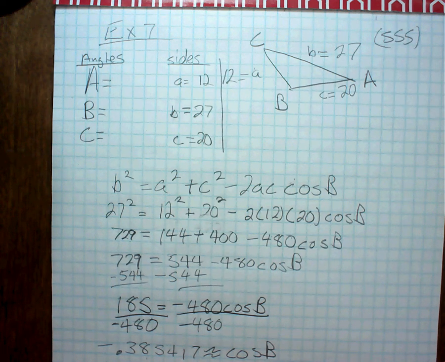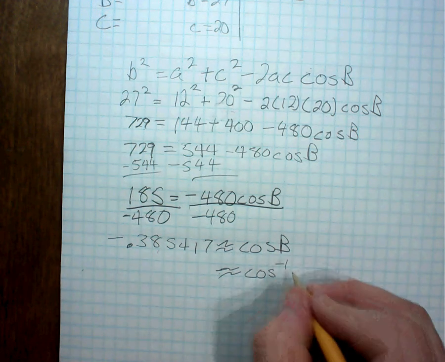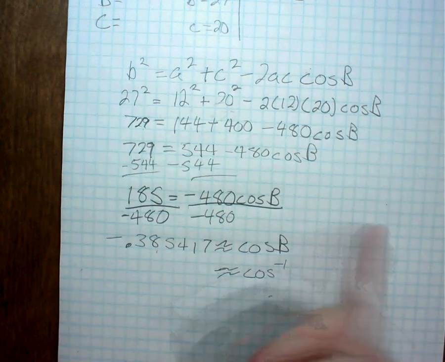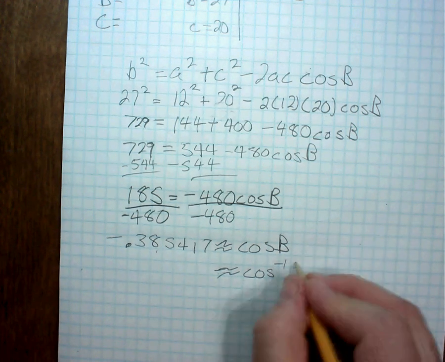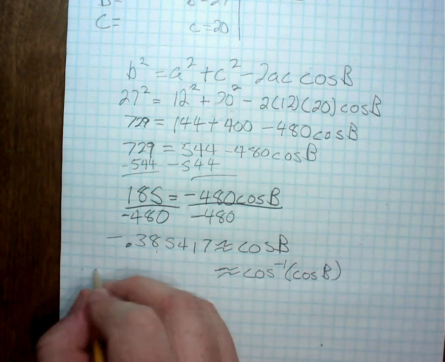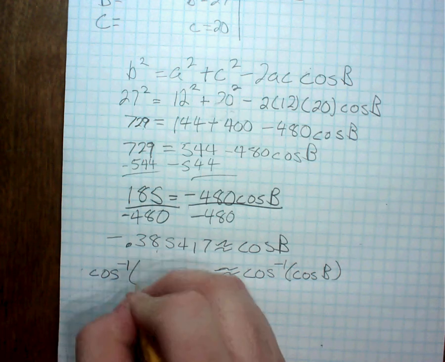So then I'm going to take the arc cosine of both sides. Whatever I do on one side, I have to do on the other.